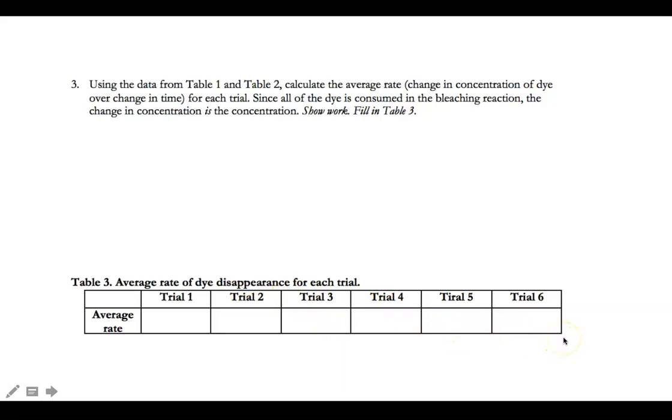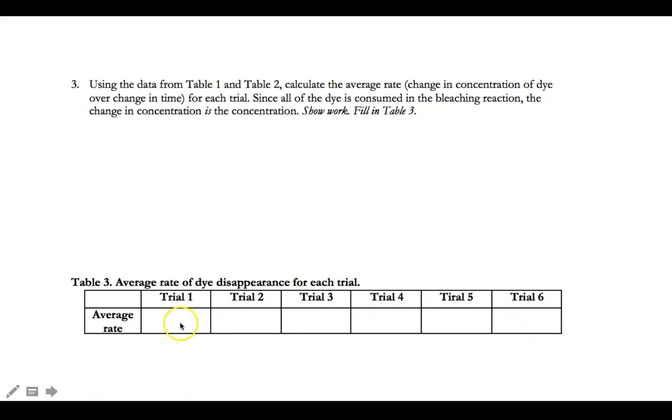Now, we're doing a little bit more fudging in this lab, so what we've calculated here are the average rates. We're going to use these rates to try to calculate the rate law for this equation. In a rate law calculation, you typically use the average rate over a long time period.